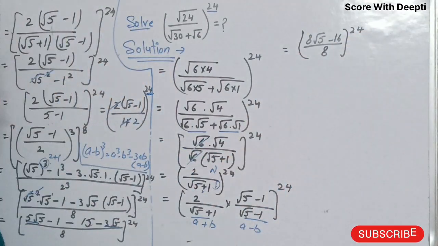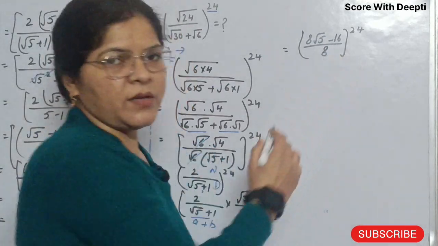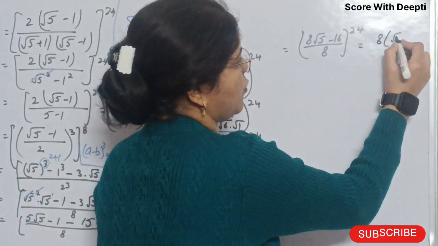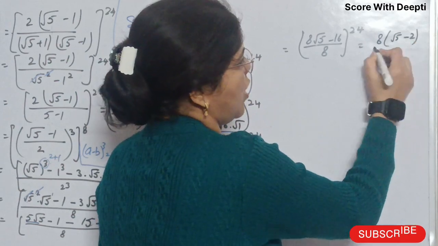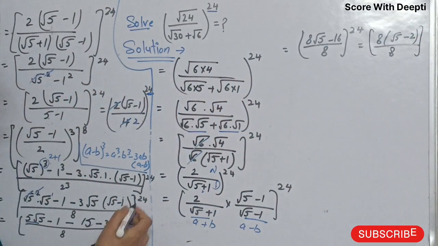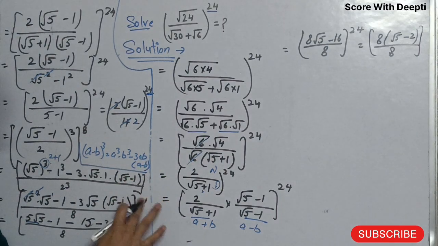Next we take 8 as common in the numerator, and we get 8 into (√5 − 2) over 8 to the power 24. Sorry, here it is not 24, here it is 8.